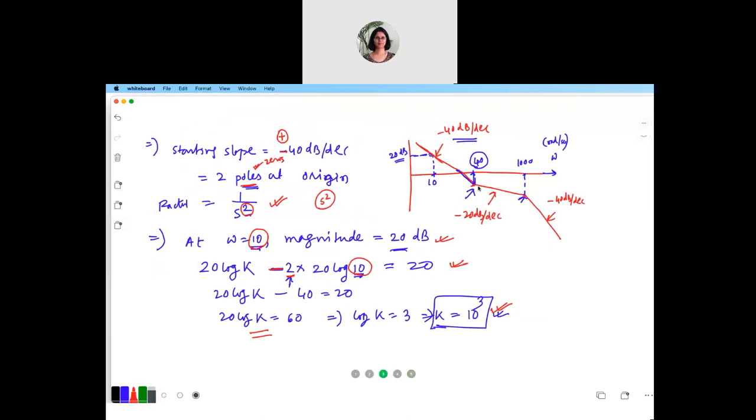So magnitude should be known for the first part of the graph, that is with the starting slope itself. If you know this magnitude, from here somehow you should be able to calculate the magnitude here, and then you have to continue. So you cannot write this equation for the slope which is not the starting slope. It has to be the starting slope only. Keep that in mind.